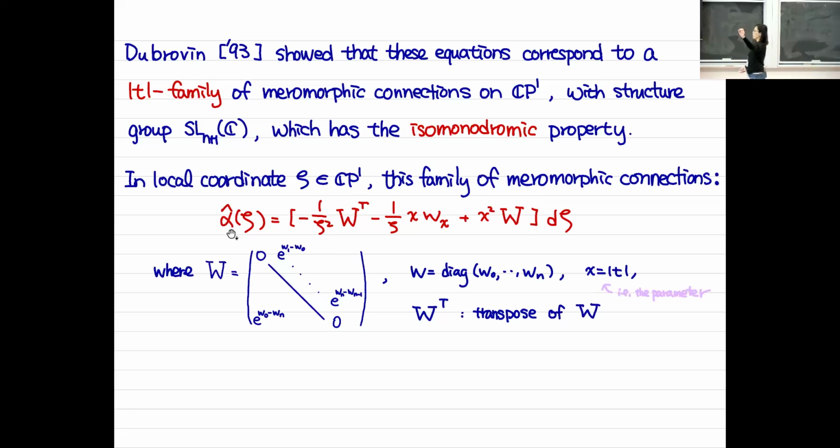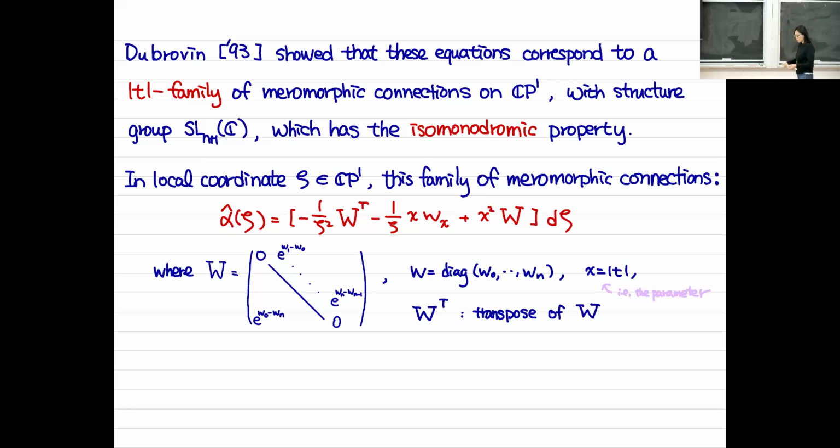On the diagonal part it is 0. And here you have this exponential, and the rest of them are also 0. And this X is the parameter of this family. So it shows up here, X and X squared. So this is the expression of these families of meromorphic connections.